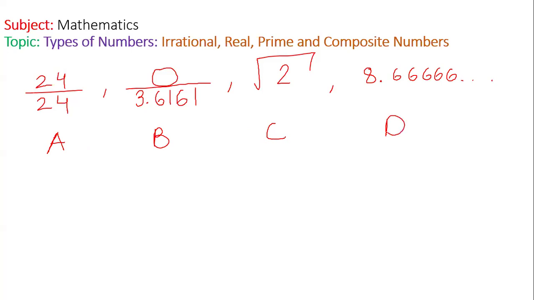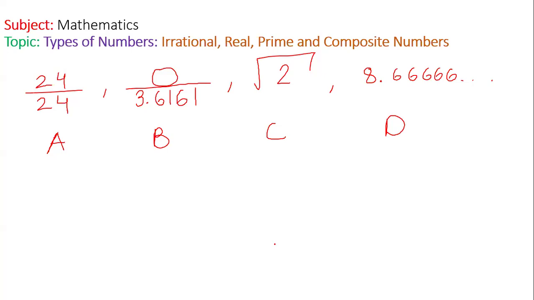In the chat, tell me which one you think is irrational. Is it A? Is it B? Is it C? Is it D? Wow, y'all actually have different answers.